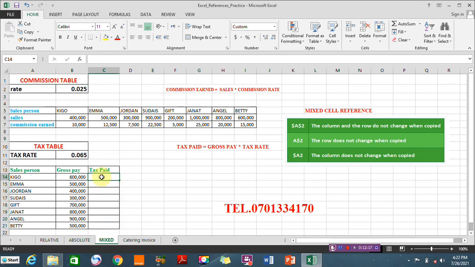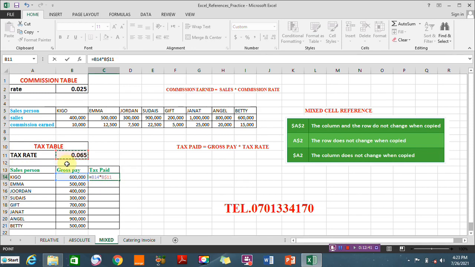So we shall again say equals, then we shall get the gross pay, then multiplied by the tax rate, whereby the tax rate is here. But remember, we have to make this one absolute. So we come onto our keyboard and press function 4 to switch between the dollar signs. So now we are locking it into only 11.